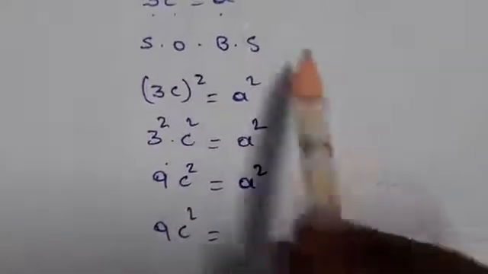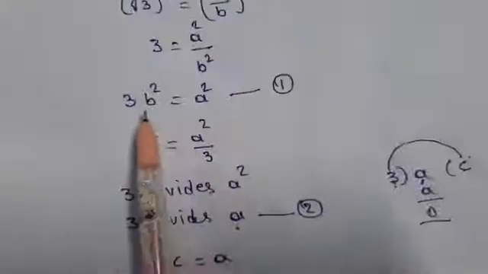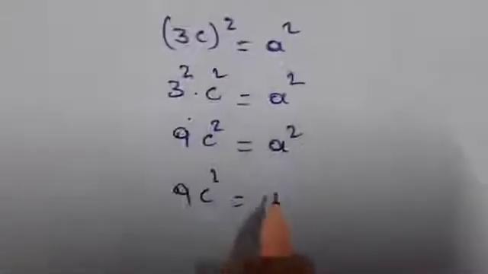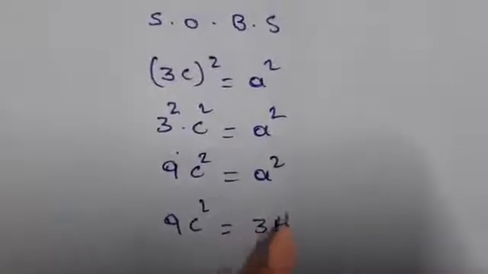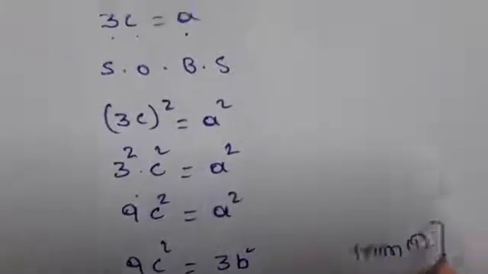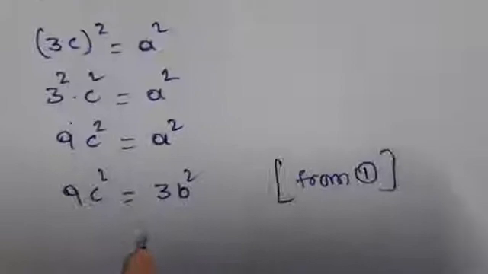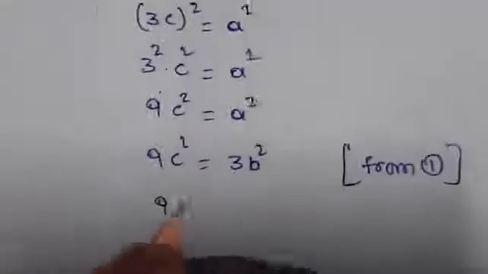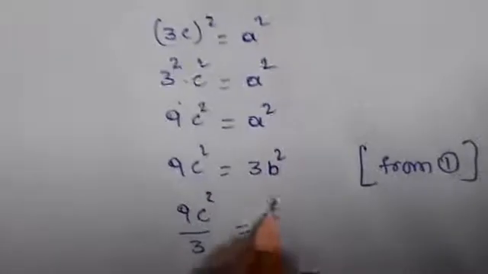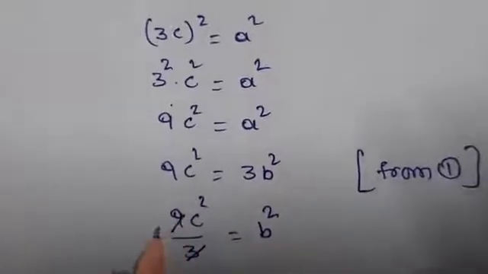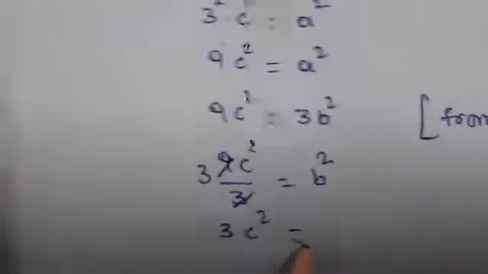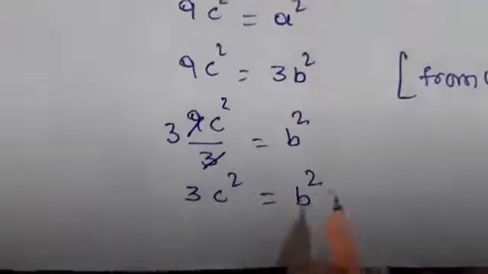So from 1 we write a square equal to 3b square. So here replace a square value by 3b square from 1. So 9c square by 3 equal to b square. This 3 cancels in 9, 3 times. That is 3c square equal to b square.